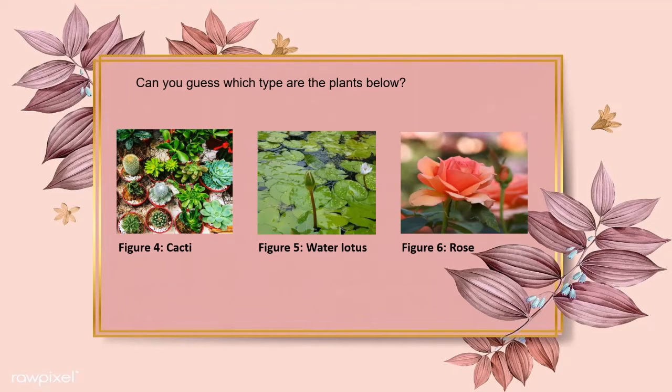Can you guess which type are the plants below? Figure 4, the cacti, is an example of xerophyte plants. Figure 5, water lotus, is an example of hydrophyte plants. Figure 6, the rose, shows an example of mesophytes.